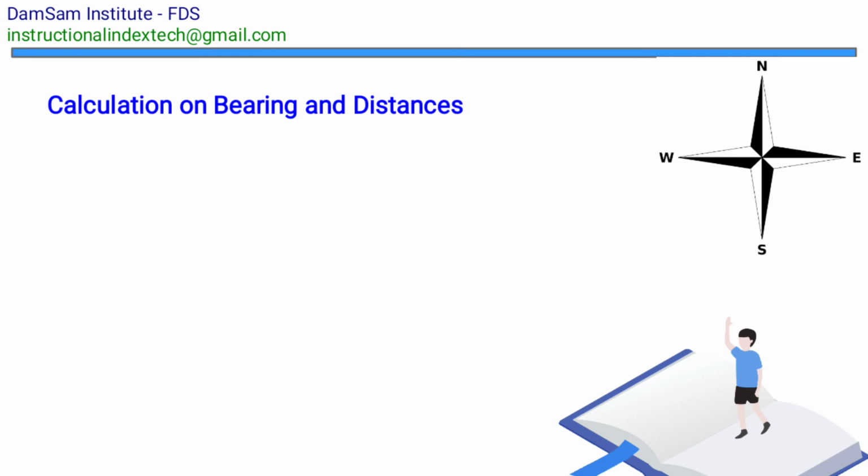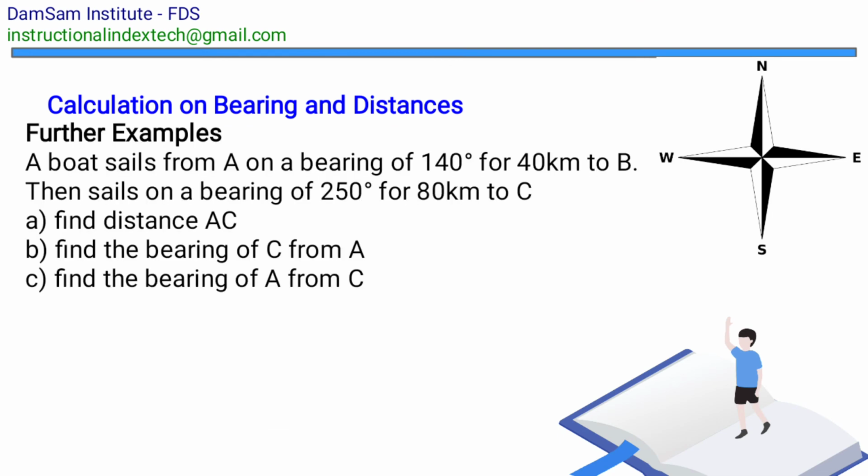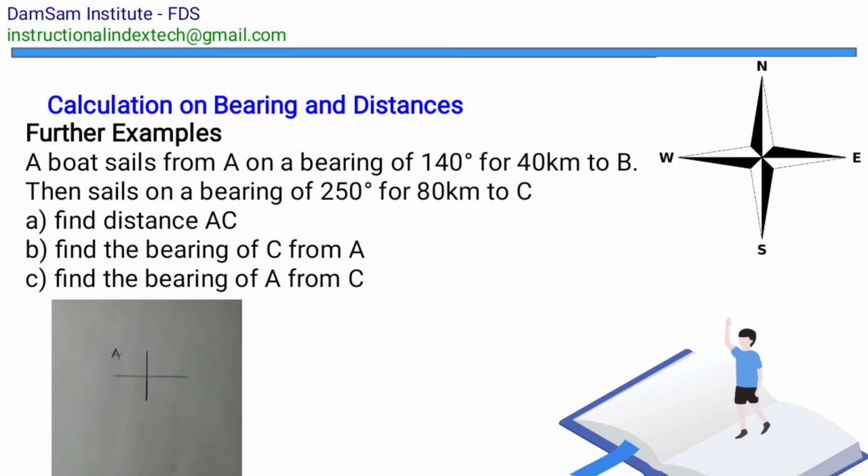Okay, let us proceed. This is another question we are given. A boat sails from point A on a bearing of 140 degrees for 40 kilometers to point B. Then it sails on a bearing of 250 degrees for 80 kilometers to point C. So we have to take these three questions and do it.